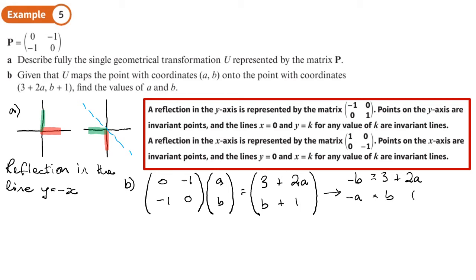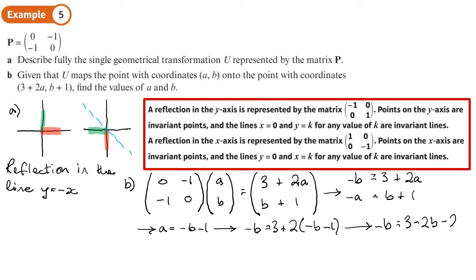So now all we do is solve these simultaneously. We've got them written as equations. From the second equation, I could rewrite that as A equals -B minus 1. I'll substitute that into the first equation. So I'll have -B equals 3 plus 2 times A. So it's 2 times this, (-B - 1). So from there, that will give me -B equals 3 minus 2B minus 2.